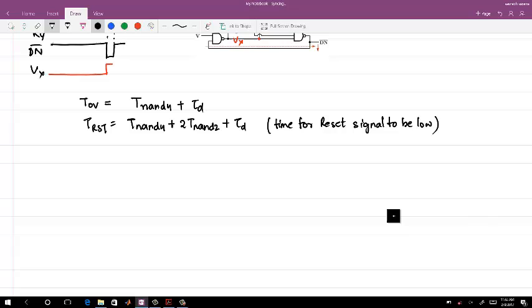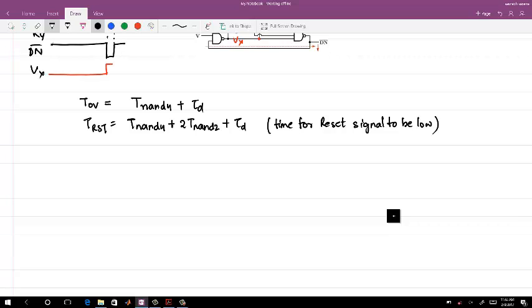Okay. So in the D flip-flop case, we saw the T reset was equal to T overlap, but it very much depends on the implementation. And in this case, your T overlap is greater than T reset. And we know that for the time for which the T reset is active, your up and down cannot change, meaning you cannot entertain any signal. So you will have missing edges. Okay.